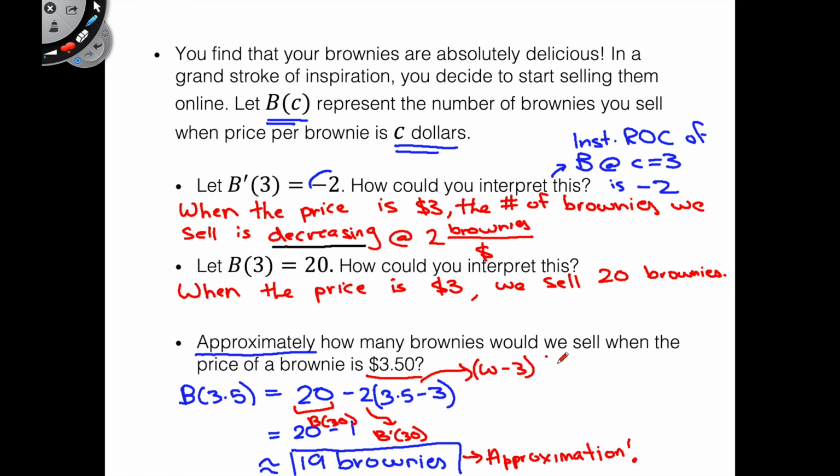So this right here is actually a linear approximation. What we've just done here is a linear approximation. All the pieces are exactly the same as we used with linear approximations. The only thing is we interpreted it a little bit differently this time, and we're applying it to a real world problem. So that's how this example works.